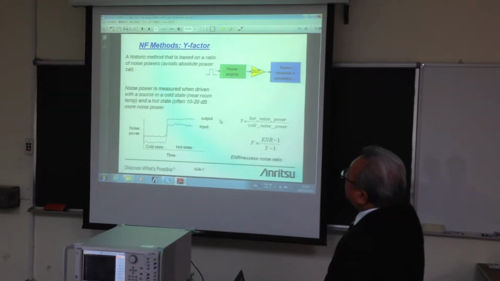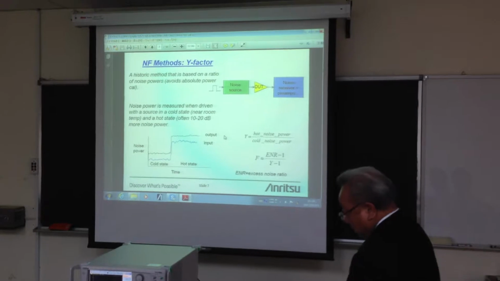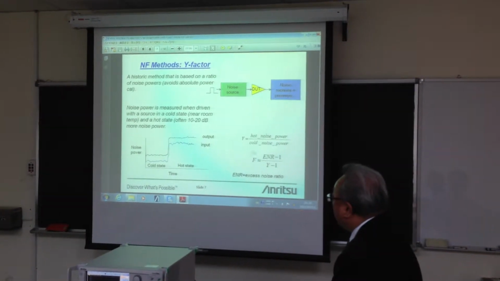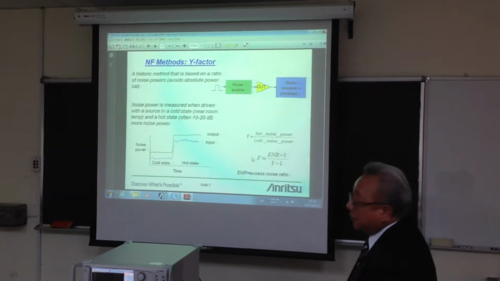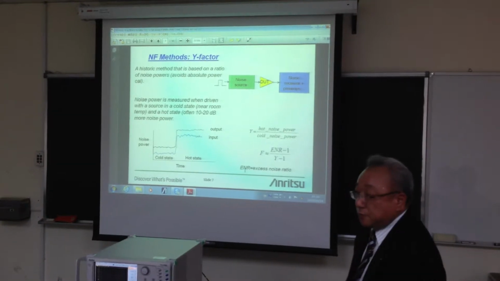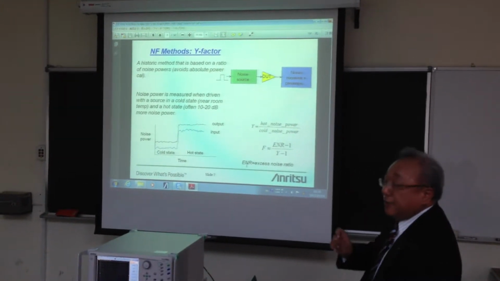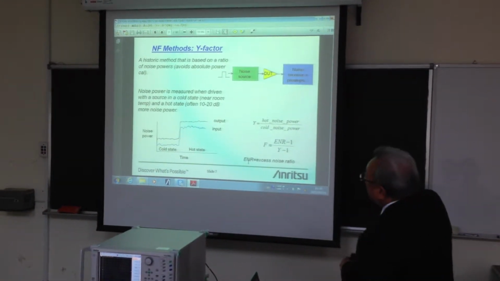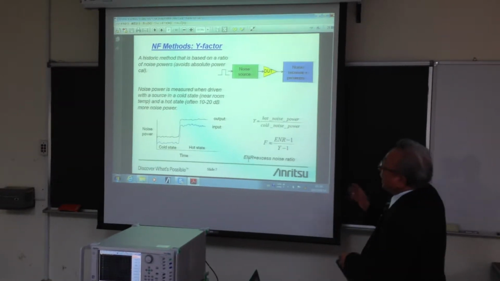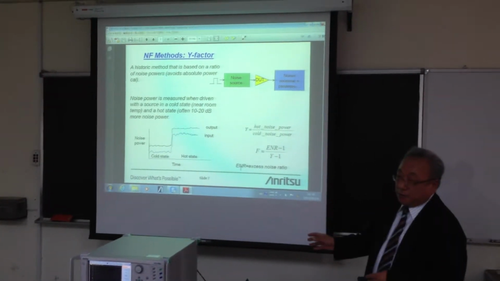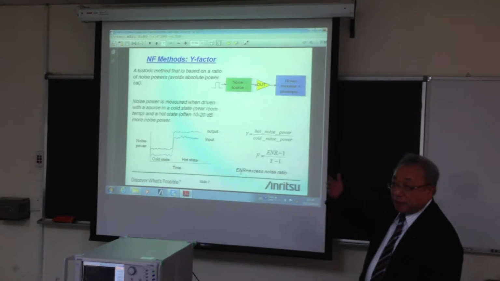If they are using this method, for the noise source the calibration factor, the excess noise ratio value, is very important. So the customer has to calibrate yearly at some calibration level.